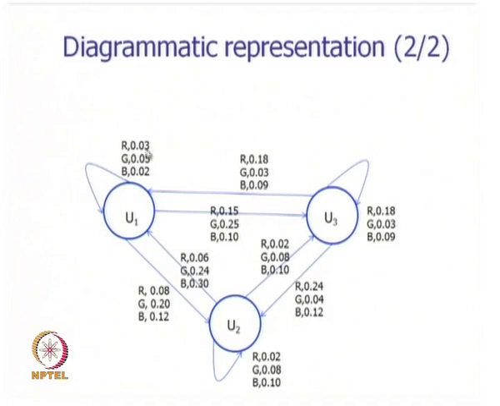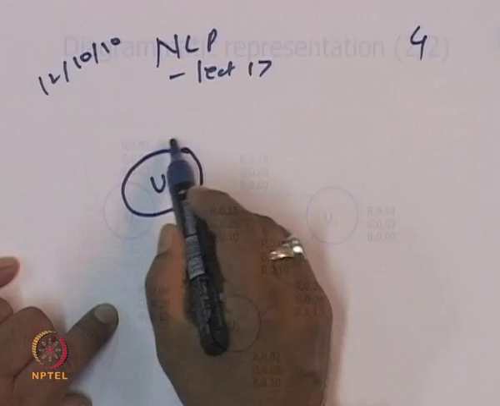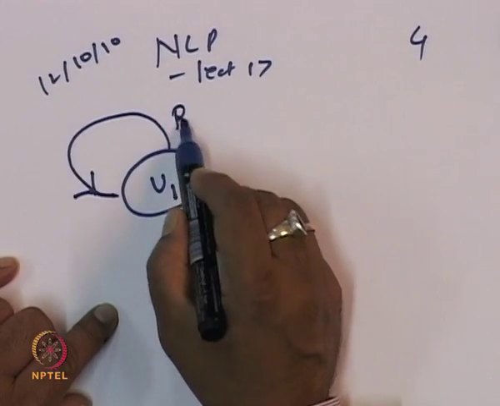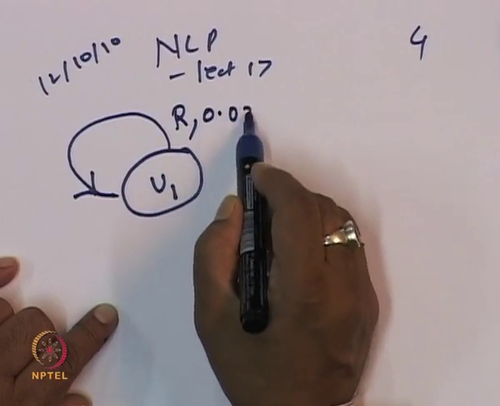But first of all, let me write down the meaning of this probability R comma 0.03 with an arc here and the state here. The meaning is this: we have U1 here and U1 is coming back to U1 with R comma 0.03.